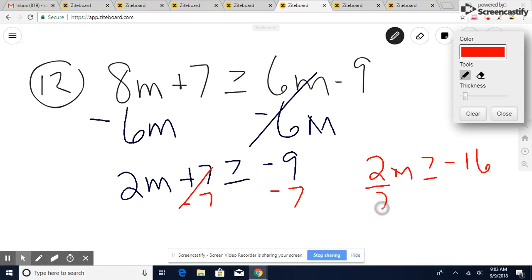Divide by 2. Divide by 2. So now I get M is greater than or equal to -8. Okay. All right. That was number 12.